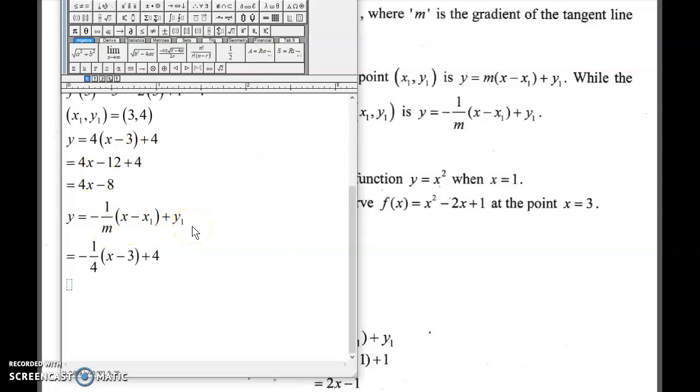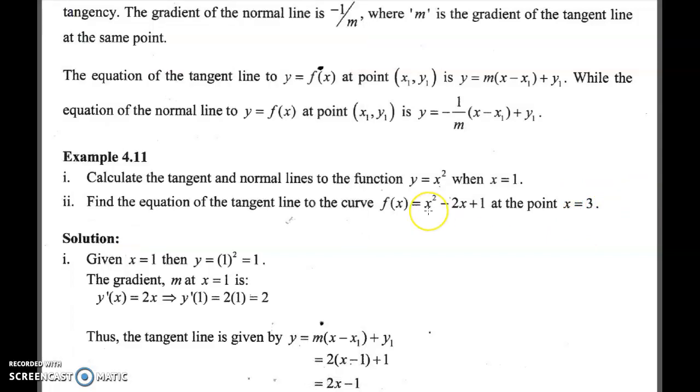Then the thing to do after that is just to input everything. So we have 4, 3 and 4. Just calculate it and you should get y equals negative x over 4 plus 19 over 4 as your straight line that represents the normal line at x equals 3. So that is how to calculate the normal line and tangent line, right? Thank you.